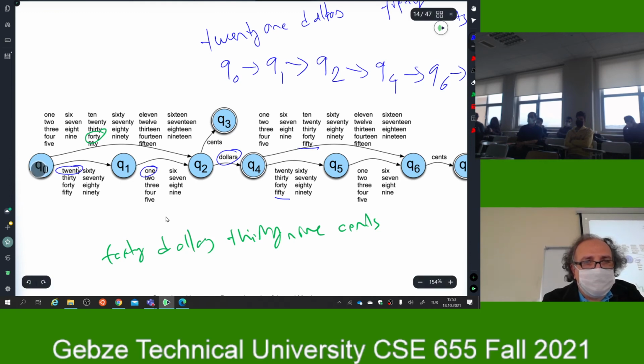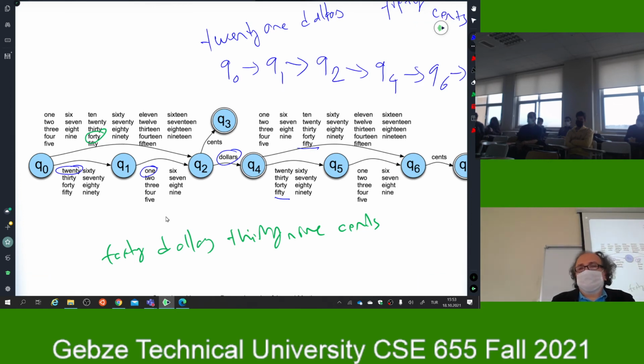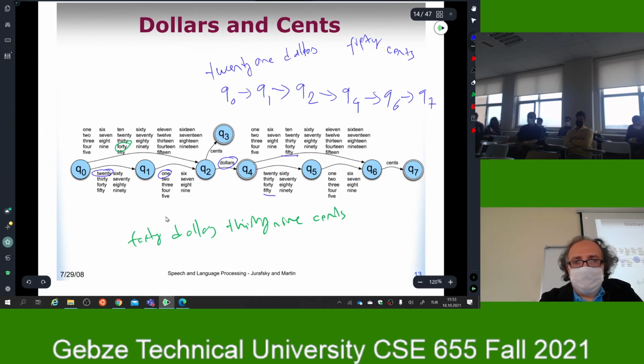From Q0, this is the start state, $99, and then after that 99 cents. So I can recognize this, or you can take $40.39.